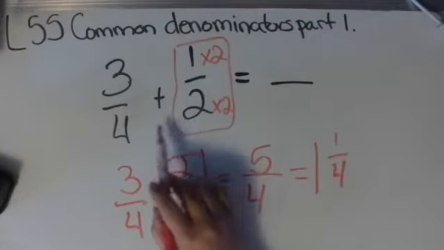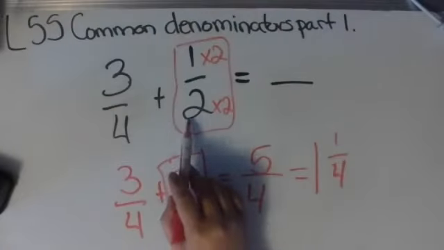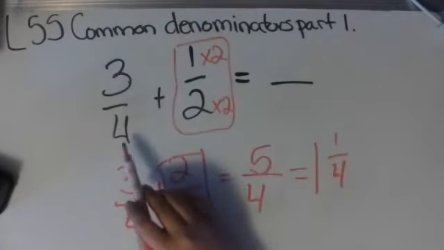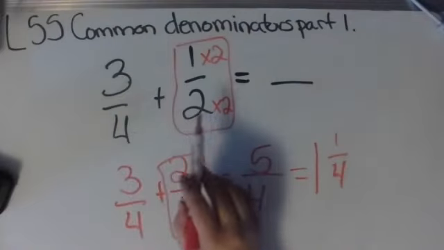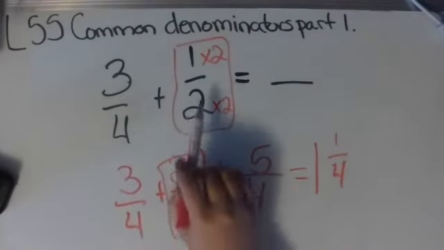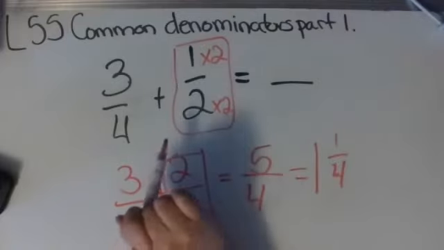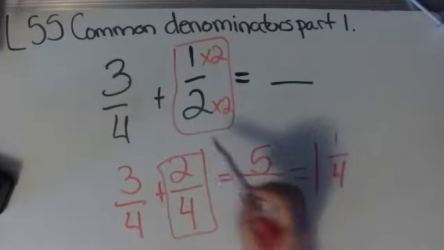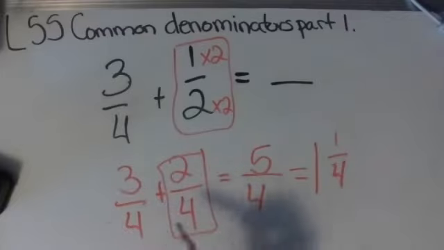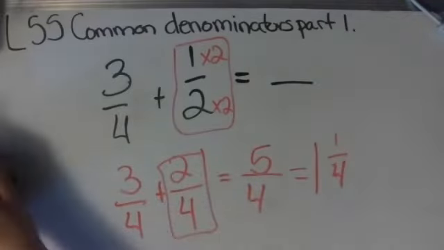Again, remember, I took this and I said, okay, I need to get 2 to 4. How do I get 2 to 4? Well, if I times 2 by this number, I can get 4, which means I have to do the same thing to my numerator, times it by 2, and I get my equivalent fraction, which I can then do my adding with because they both have the same denominators. Let's look at one more together.